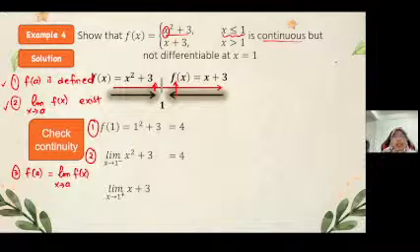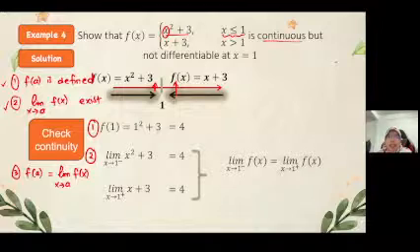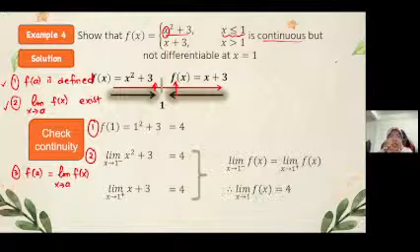Just now we have x squared plus 3 because that is on the left. This is on the right, so the function is x plus 3. Substitute x with 1, we still get 4. So you can make a conclusion: the limit for x approaching 1 on the left hand side does equal the limit for x approaching 1 on the right hand side. Therefore, the limit for x approaching 1 does exist and it is equal to 4.